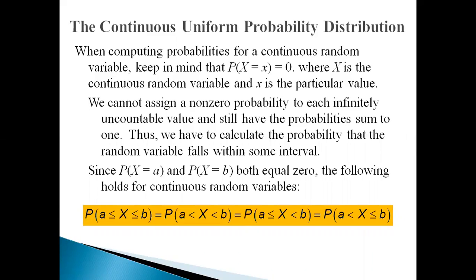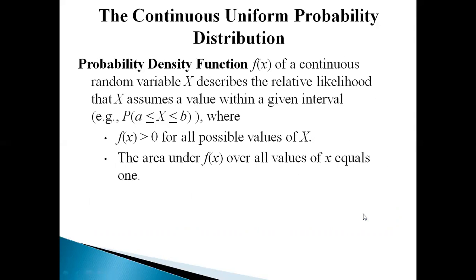Now, since the probability of x equals a and the probability of x equals b are both equal to 0, the following holds for continuous random variables. We can say the probability that x is between a and b, with the inequalities less than or equal to, or with just strictly less than, or one less than or equal to and one less than, in all four cases are the same.